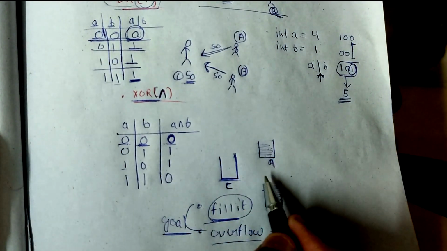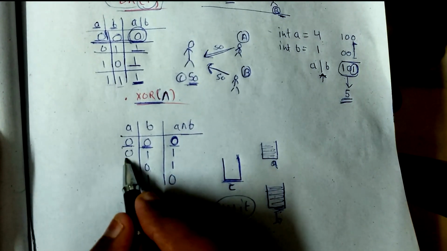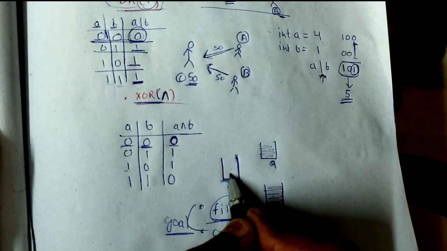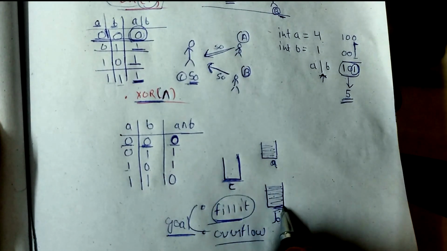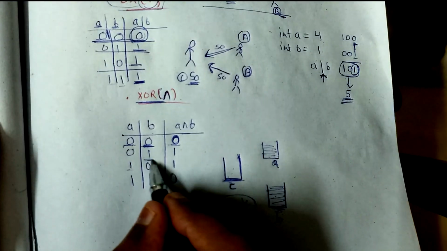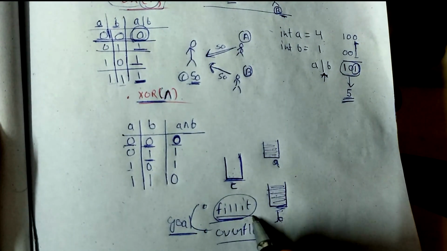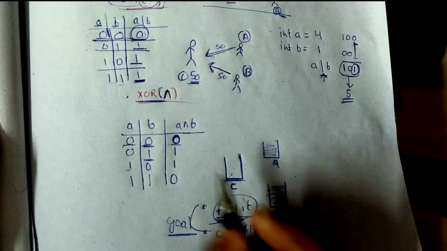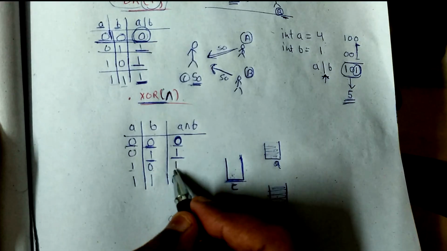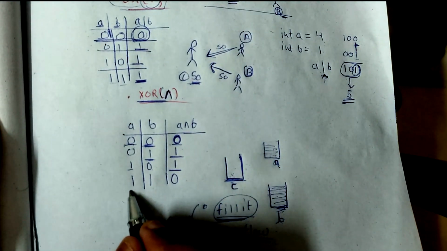Okay. Now, if you don't pour the water of A into C, but you pour the water of B into C, then we fill the bucket and we don't overflow it also. So our goal is achieved. In this case also our goal is achieved.